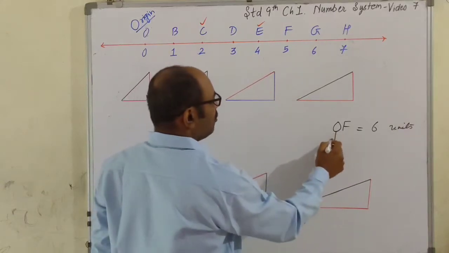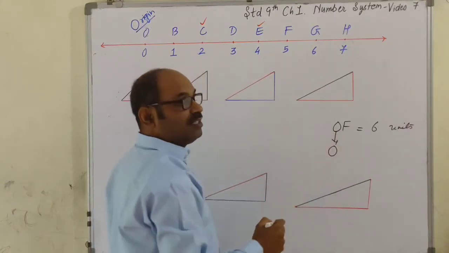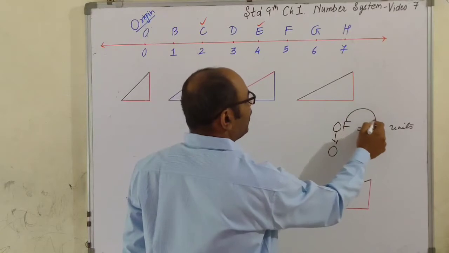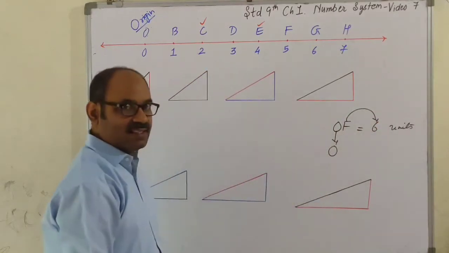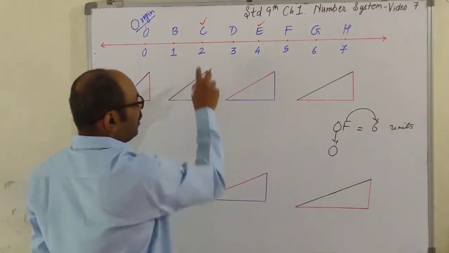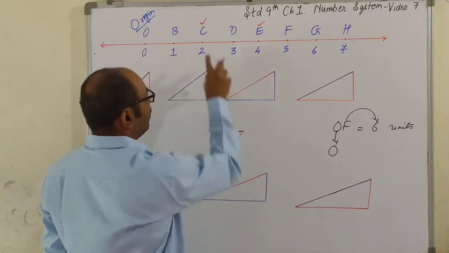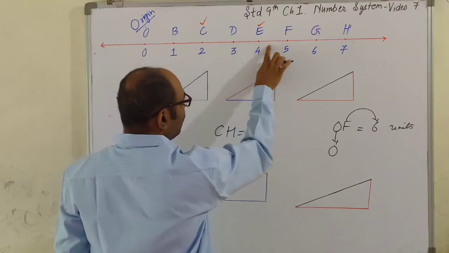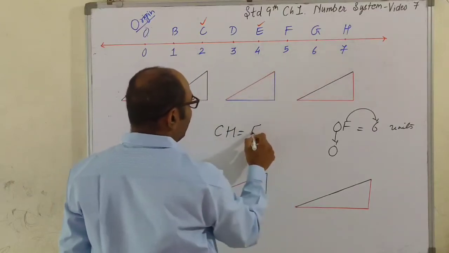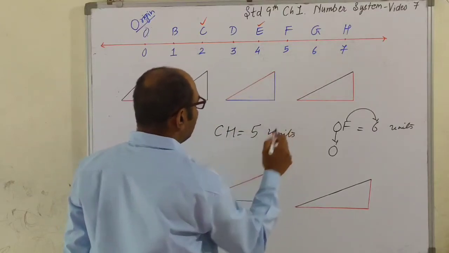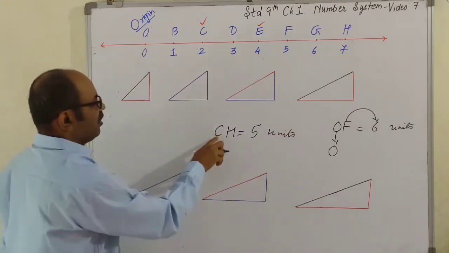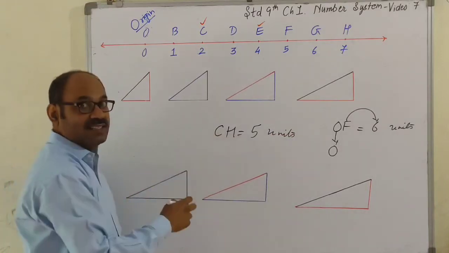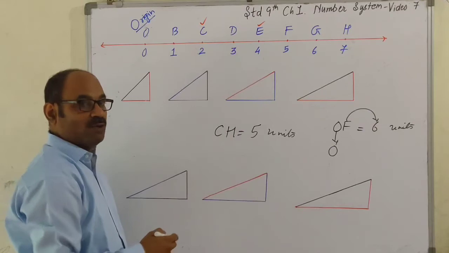If O is origin, the number corresponding to O is 0 and the number corresponding to F will be 6. But if it is not origin, let's take CH, the distance between C and H, that is 1 unit, 2 unit, 3 unit, 4 unit and 5 units. It is 5 units. If you know the number corresponding to any one of these, then you can find out the number corresponding to the other.